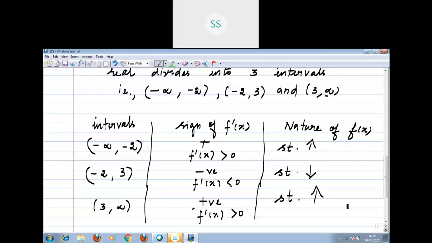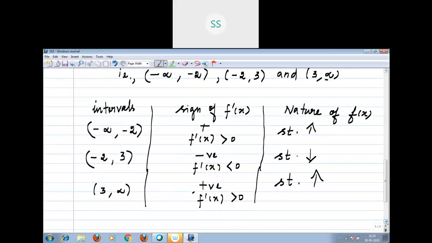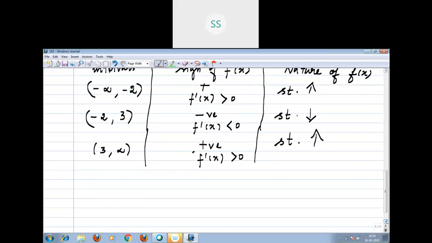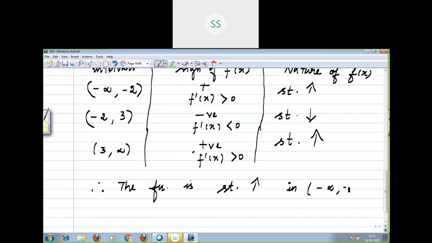Finally, what is your solution? Therefore, the function is strictly increasing in minus infinity to minus 2 and 3 to infinity.